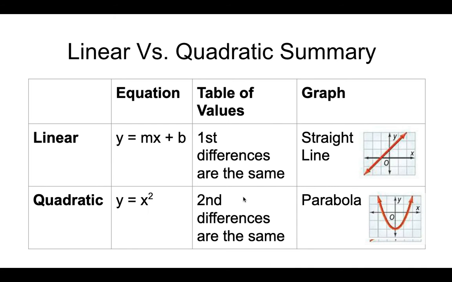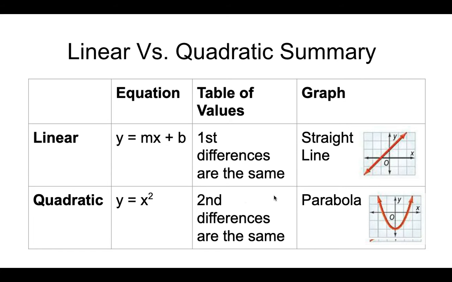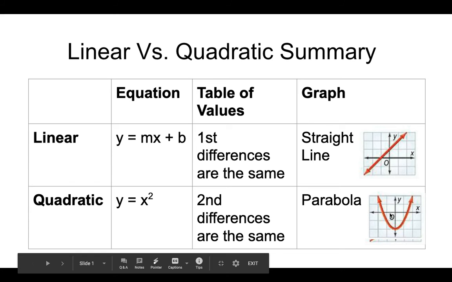For a table of values, the second differences are the same. So you do the first differences and then you do the differences again, and you'll see those will be the same if it's quadratic. And for a graph, it's going to be this U shape, or as we saw yesterday, it might just be half of the shape depending on how much you graph.